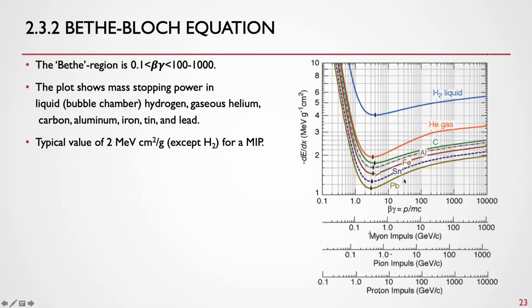Compare the different momenta. The Bethe-Bloch energy loss is given in terms of beta gamma. Beta gamma is just the momentum in units of the mass. So you can read off the energy loss for muons here, for pions and for protons. Now, because a proton very roughly has 1 GeV mass, beta gamma equals more or less, with good accuracy, within a few percent, the proton momentum.